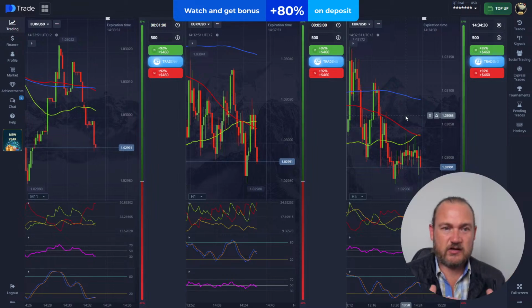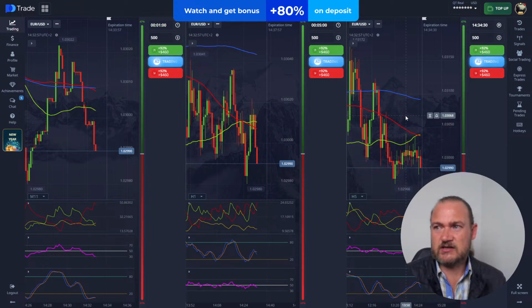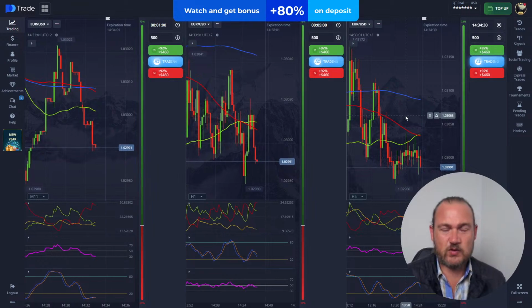So keeping an eye on the bigger picture is important, especially on the shorter time frames that we trade, like this 1 minute and 5 minute.